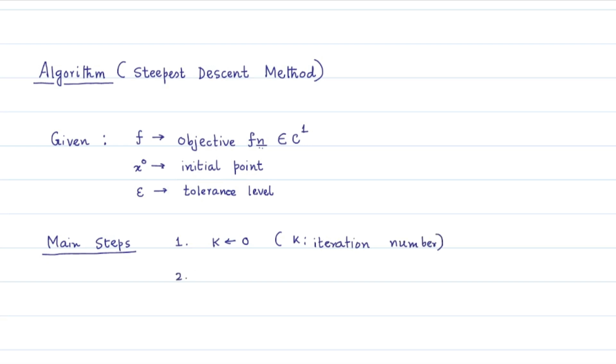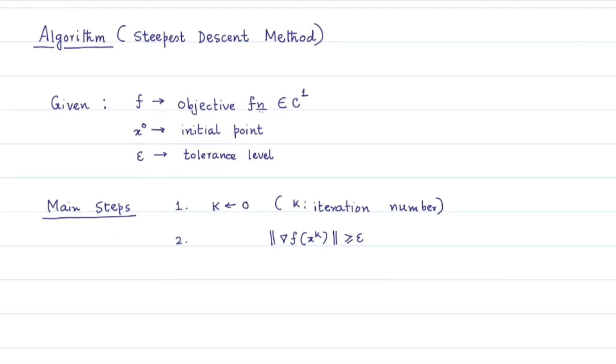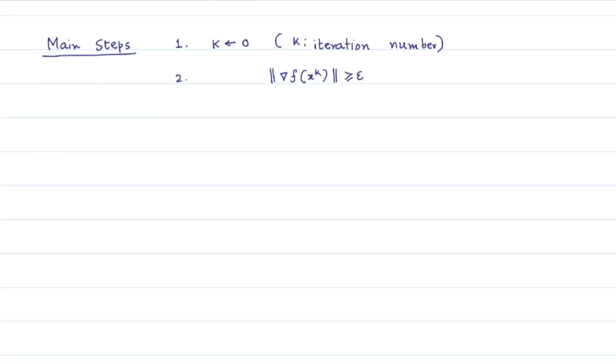and then we move to the next step, where we first check whether the norm of the gradient of the function f at the current iterate is less than epsilon or not. If not, then we identify a descent direction dk, given by dk equal to the negative of the gradient of f at xk, and then along the direction dk we choose a step length alpha k, given by the exact line search method or one of the inexact line search methods.